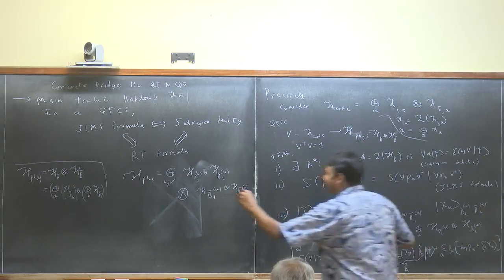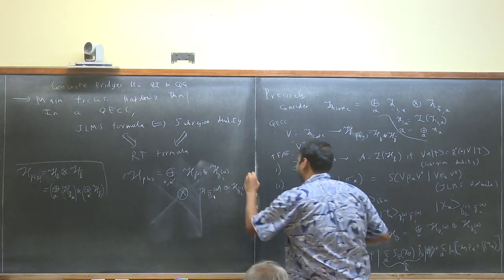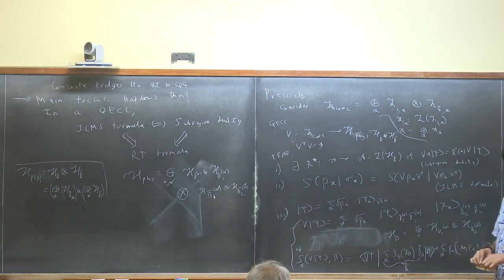Sorry, it's alpha primes on the right. Why? This alpha was something that was defined in H code, right? Why is that the same alpha that appears there? I can just take an isometry from that Hilbert space to anything I want. Why does it guarantee that the vector space I go to has this structure, with the same alpha values?